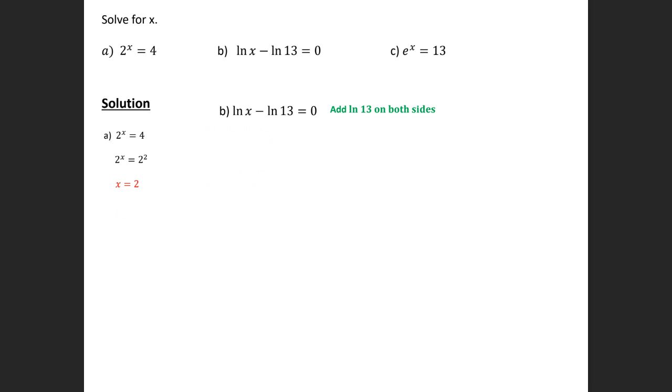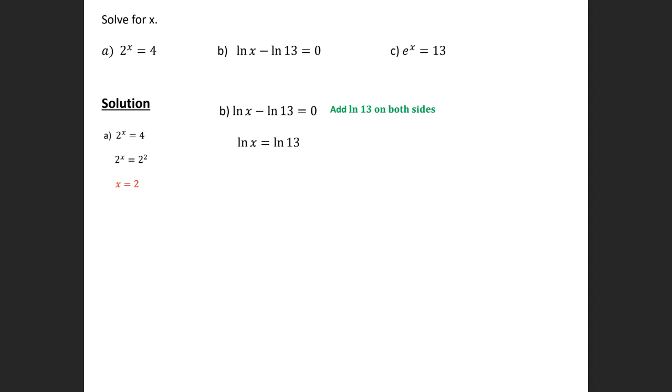So for b, let me go ahead and use some of my properties in order to solve this. I apply my one-to-one property, moving the natural log of 13 to the other side by adding natural log of 13 on both sides.